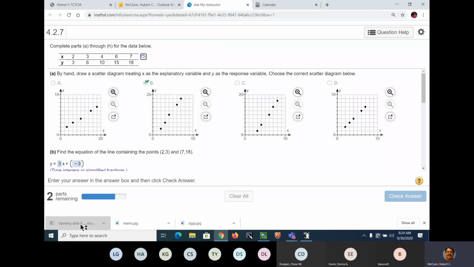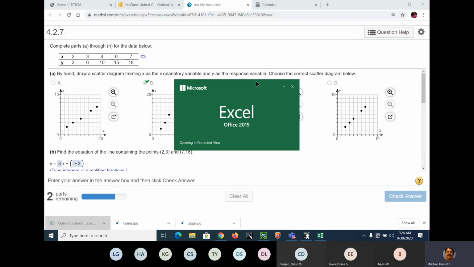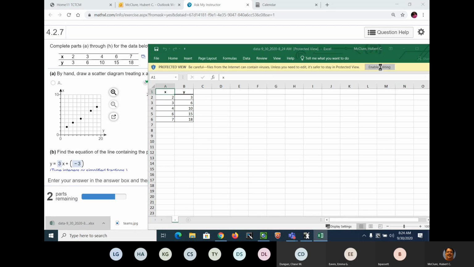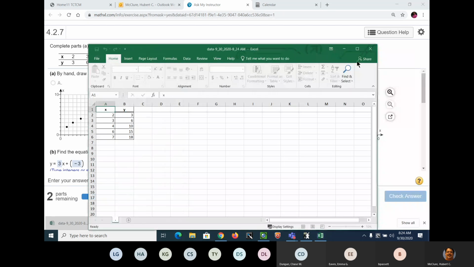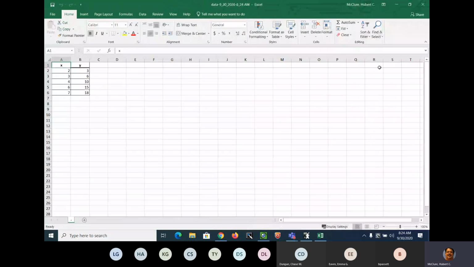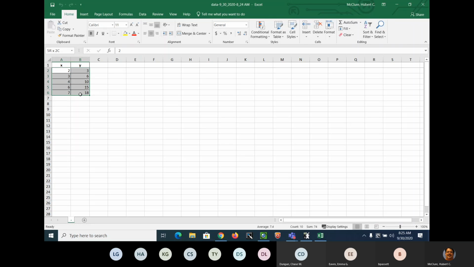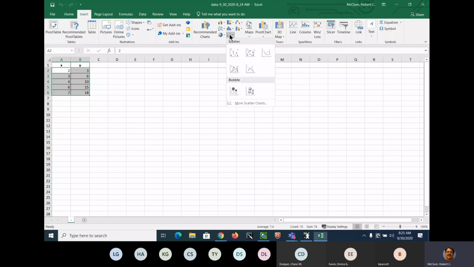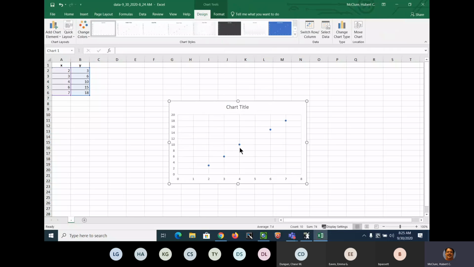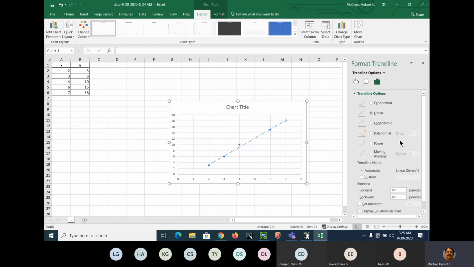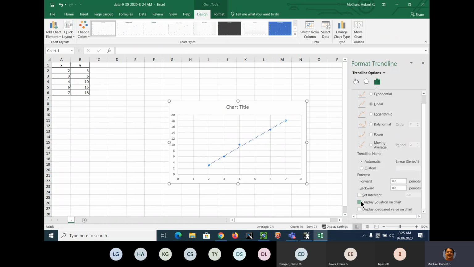And I'm going to go ahead and do the line of regression. I'm going to highlight this, and do insert, and add trend line and display R and the equation.